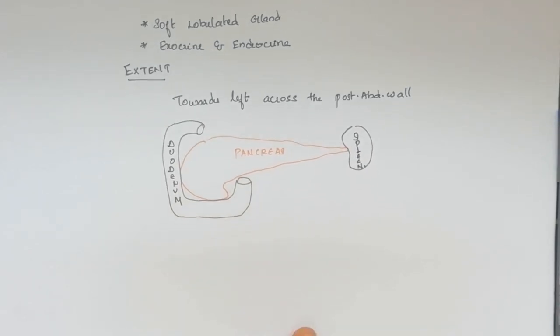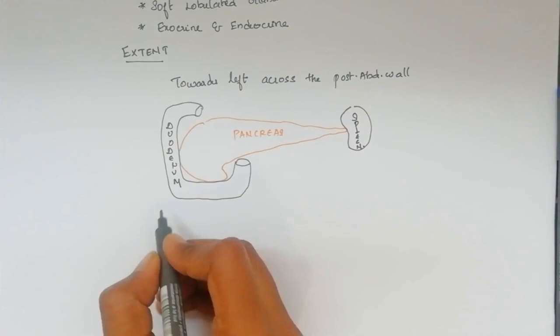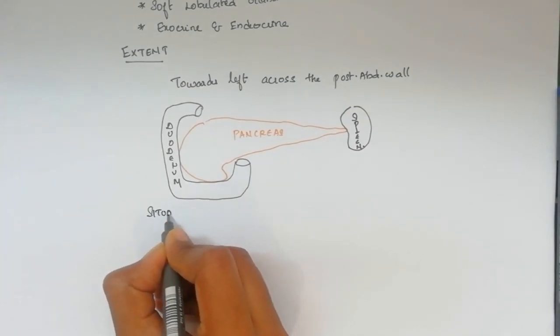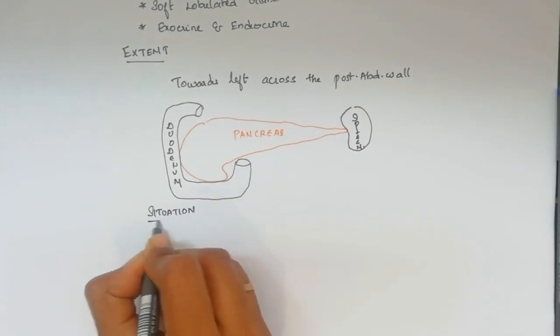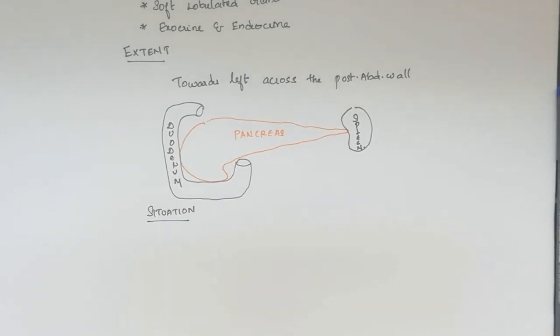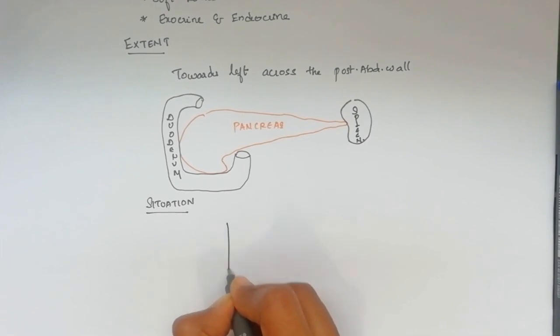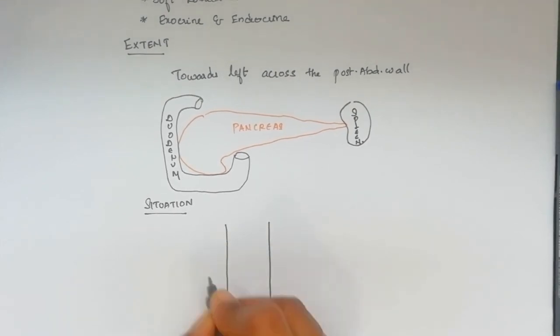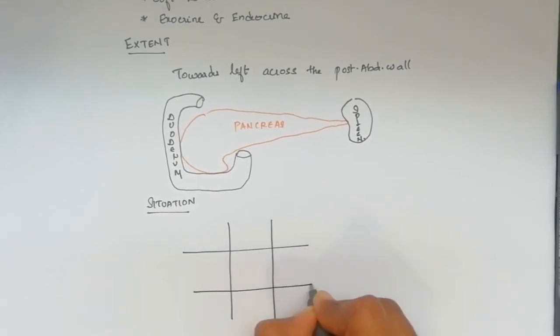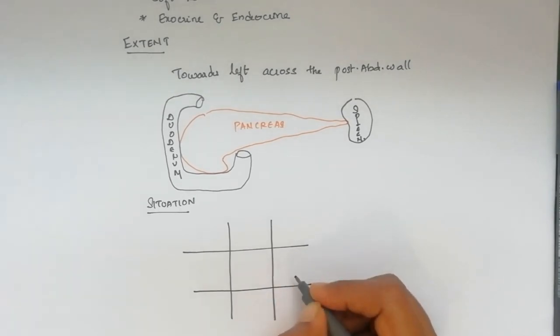Now we will see the situation of the pancreas. In the abdomen we have 9 regions, right? We divide the abdomen into 9 regions by means of 2 vertical and 2 horizontal lines.